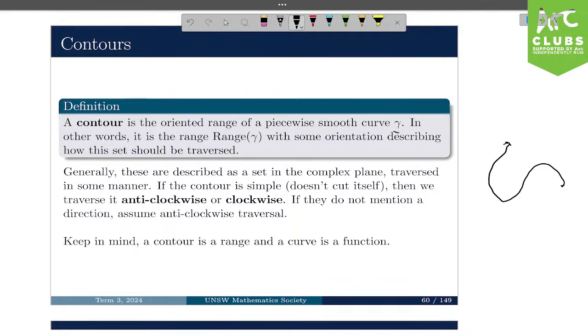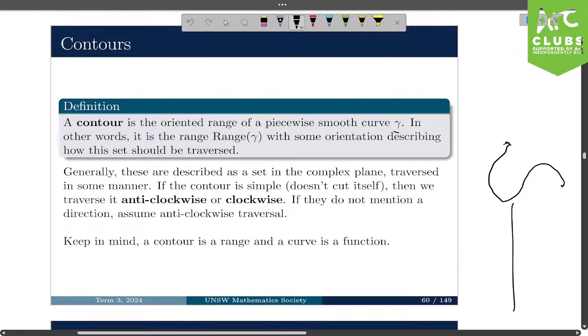So sometimes you'll be given a contour on the complex plane that looks maybe something like this. The direction will be specified by telling you whether it's traversed anti-clockwise or clockwise, and that's enough to specify which direction you have to go. And if no direction is mentioned, then you just assume anti-clockwise traversal.